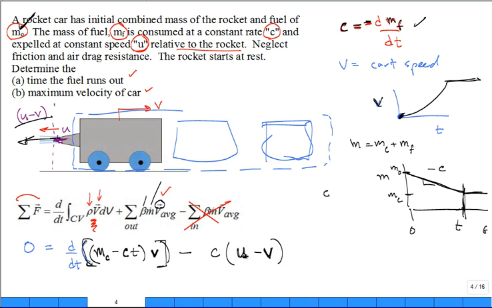Here u is the constant speed at which it's exiting relative to the nozzle, but it needs to leave the control volume, and the cart's moving at a changing speed, lowercase v. So that's the speed at which it leaves the control volume.